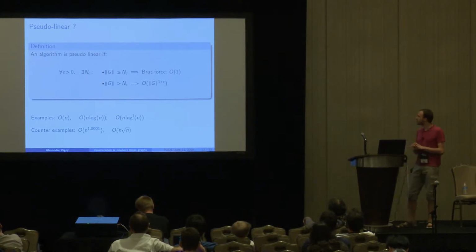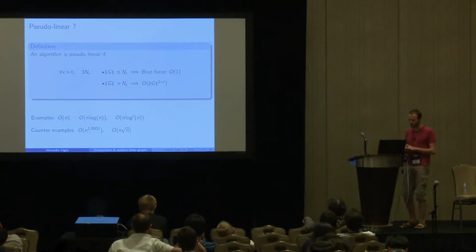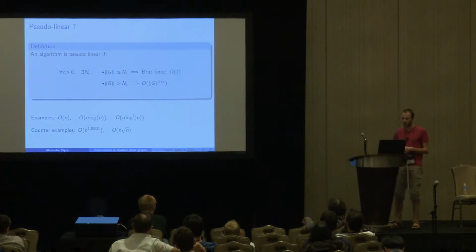If the database is smaller than this rank, then we can brute force because we have a small database. So for example, any n times polylog is a pseudo-linear running time, but if you have an exponent that is strictly bigger than 1, then we do not have a pseudo-linear preprocessing.